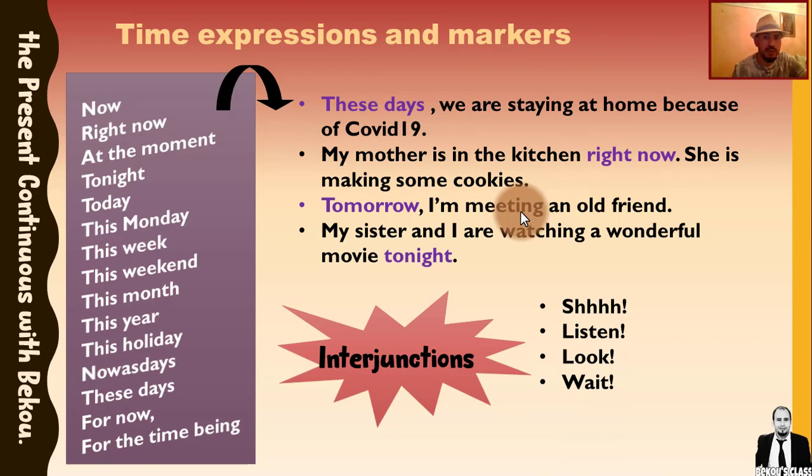For example, shh, the baby is sleeping. Shh, the teacher is talking. Or listen, it's raining outside. Look, your uncle is coming. Wait, I'm coming. So whenever you use these interjections, we use the present continuous, which means something is going on at the moment of speaking.